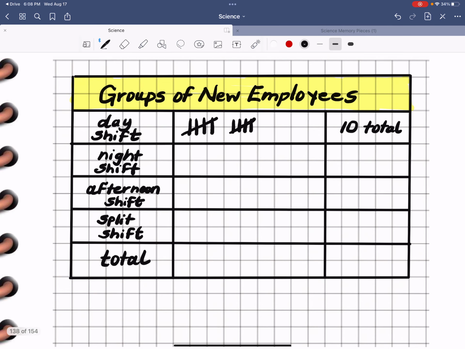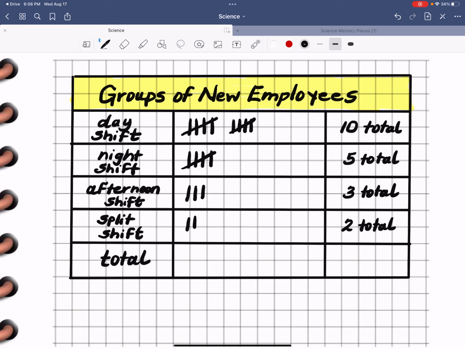So visualize what that will look like. 1, 2, 3, 4, 5. There are 5 total on the night shift. 3 people are working the afternoon. And then 2 people are willing to do that split shift.